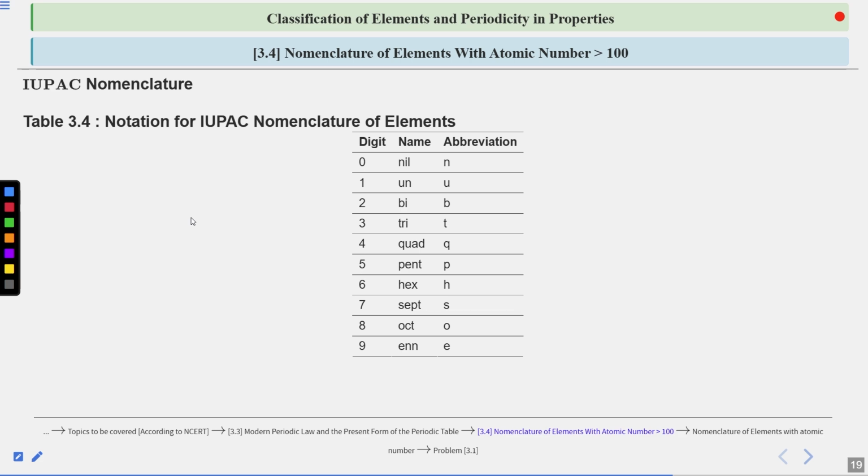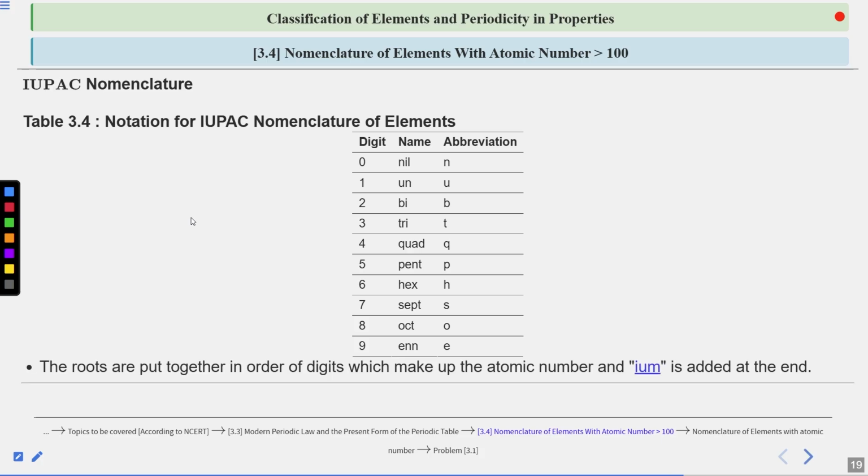So you can look at it. There are 10 names of it, and their related abbreviations are given in the rightmost column. If you have to name a compound, just simply put the roots in order of the digits. Suppose it starts from a number 1 and ends at a number 4, and there is 0 in the middle.